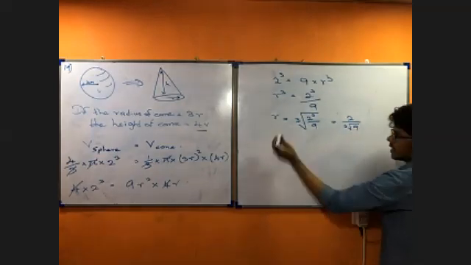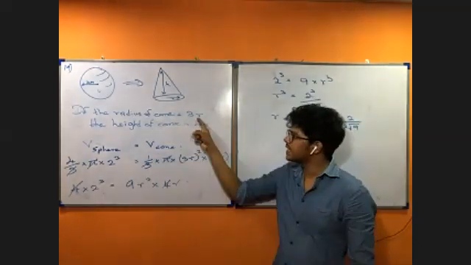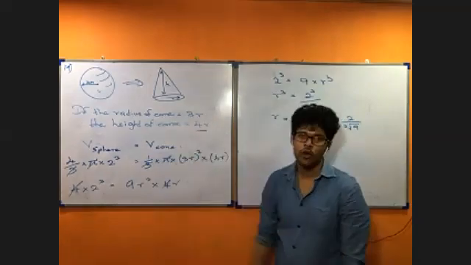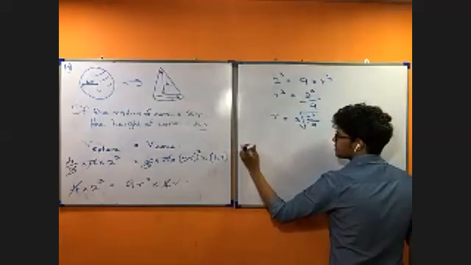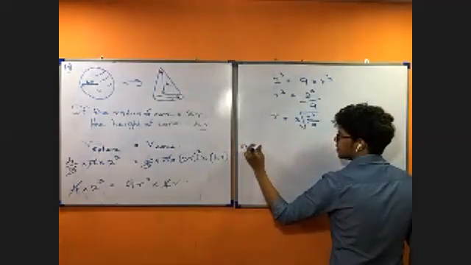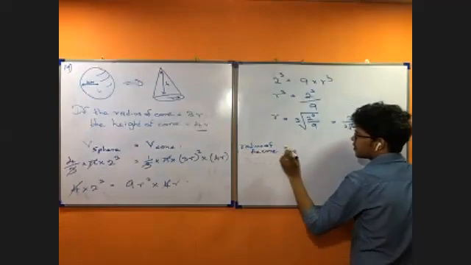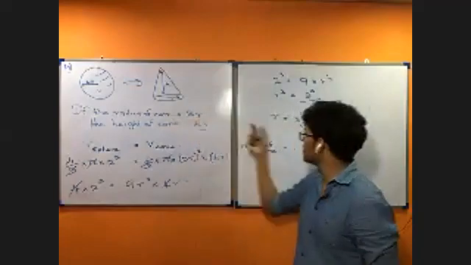But r is nothing for me. My radius is 3r, the radius of the cone. They are asking for the radius of the cone, right? If you took r as the radius, then your r is the cone.